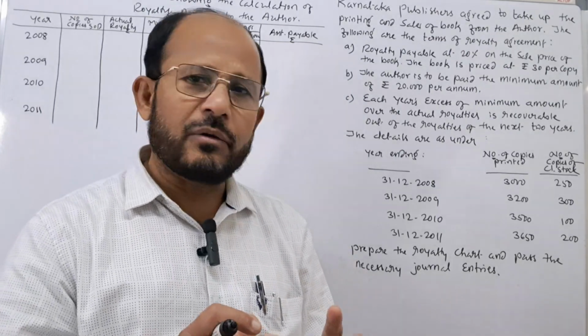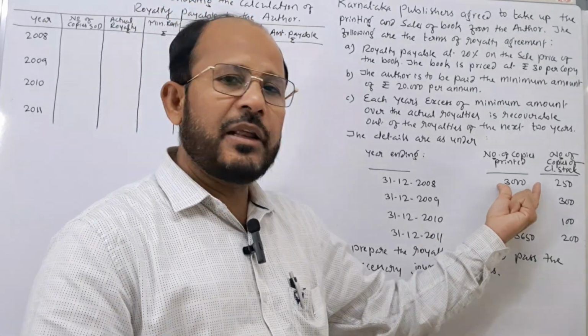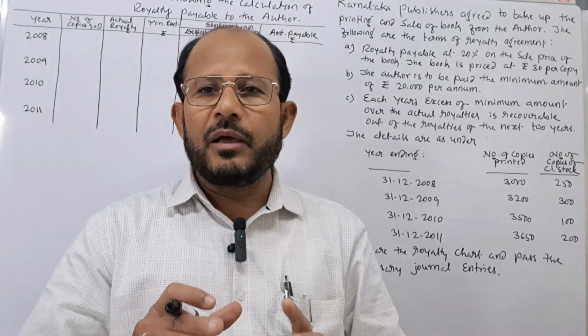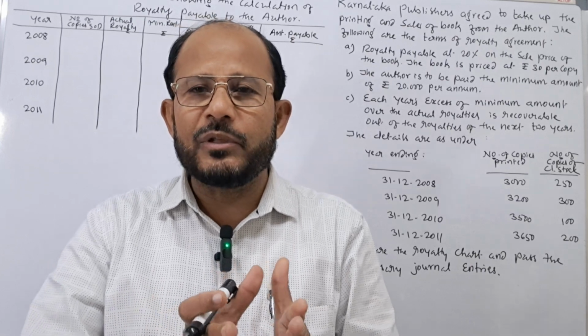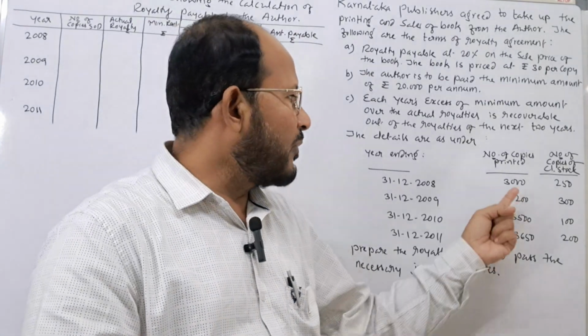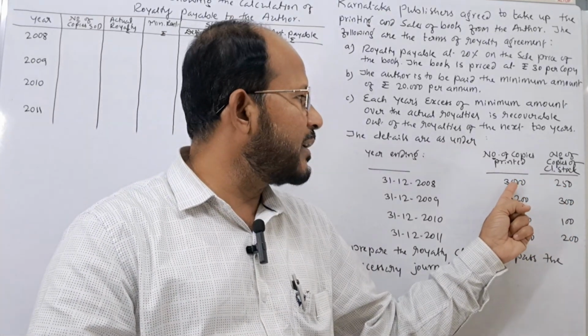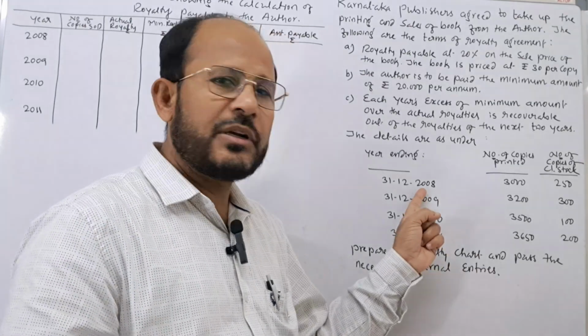That is why, how to calculate the number of copies sold? It is a simple thing. See, the number of copies printed in the year were 3000 and 250 were in stock, in the sense unsold copies lying with the publisher. Out of 3000, 250 were in stock, in the sense 2750 books were sold in the year 2008.